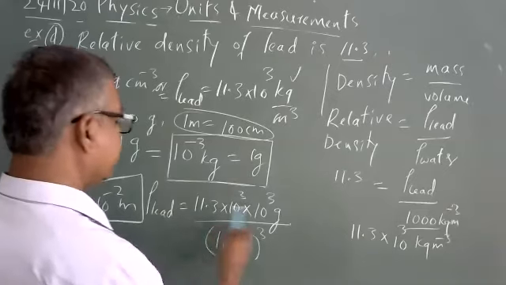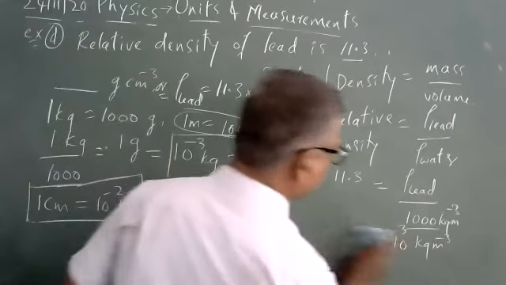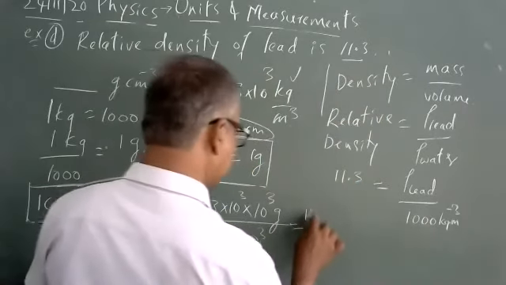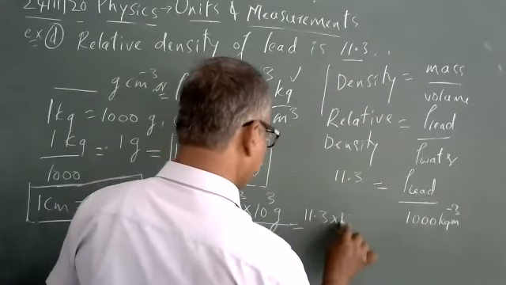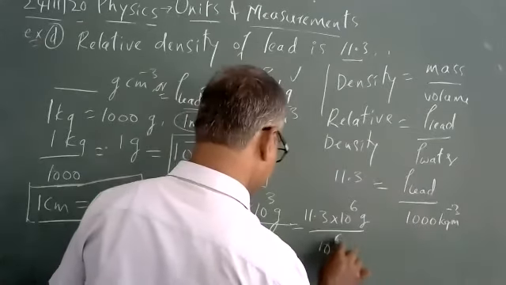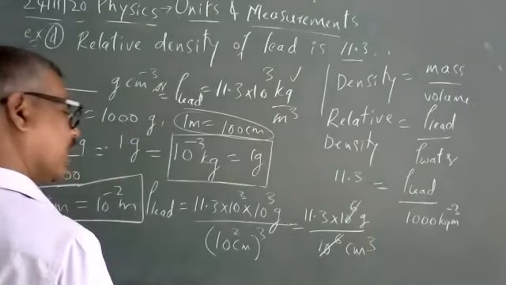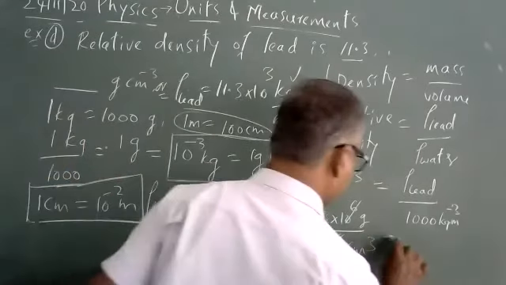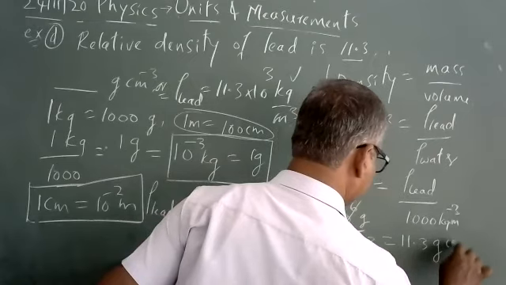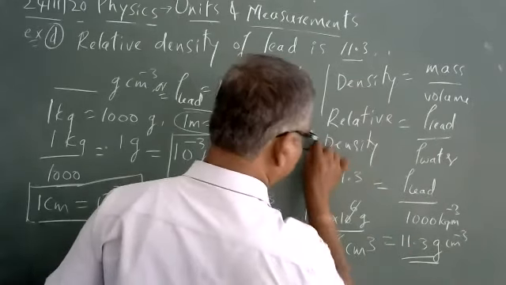Now when I simplify this, you'll get plus 3 plus 6, and here also plus 6. This gives you 11.3 into 10 raised to 6 gram in the numerator, and 10 raised to 6 centimeter cube in the denominator. Both cancel, left with the answer 11.3 gram per centimeter cube. This is your answer.